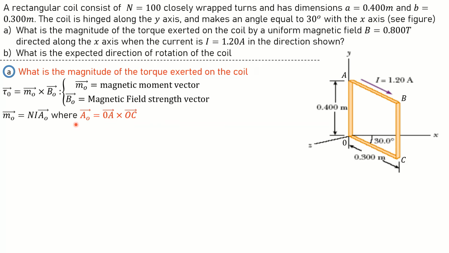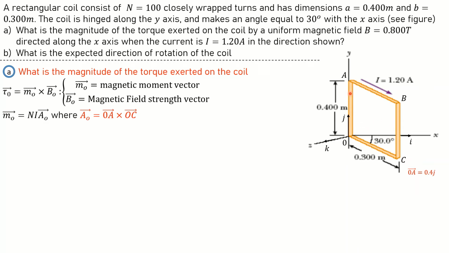So we need to find OA and OC. But before we find that, we are going to indicate the various directions. Vertically, that's the j direction for y. Horizontally, for x, we have the i direction, and in this way we have the z axis for the k direction. Now we need to find the position vectors OA and OC.